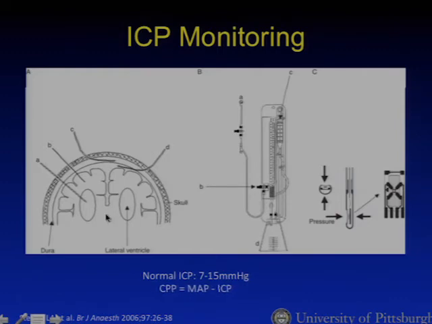The principal advantages of this method are that it's a relatively global measurement of intracranial pressure, provided that CSF can flow freely between its various pools. And it also gives you the therapeutic advantage of being able to drain CSF.